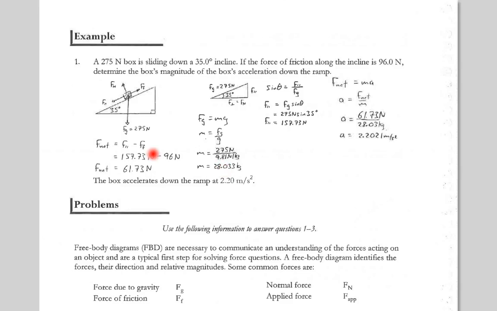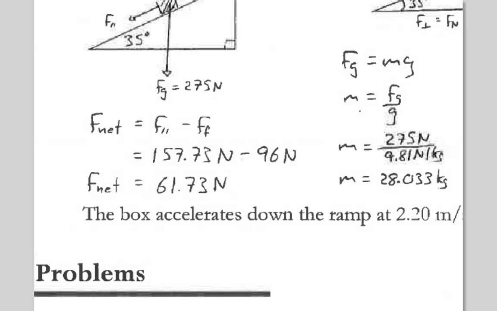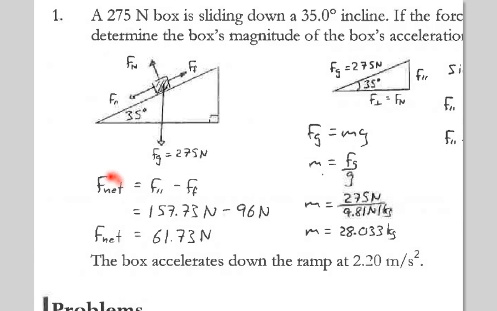Look at the F net formula. I know some of you are hesitant to do that. So what is this F net? This would be F net parallel, the F net for the ramp.